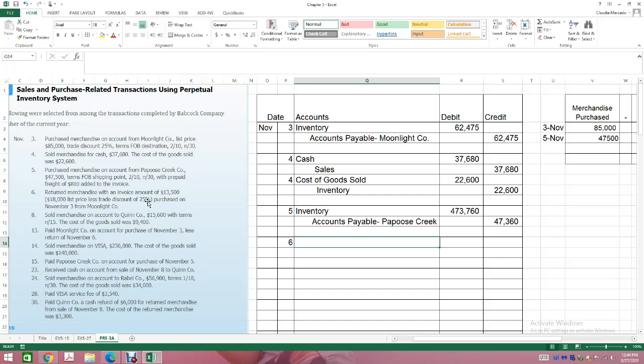So the trade discount has already been taken into consideration. What is not being taken into account is that discount of $210. So we're going to have to figure out the return.